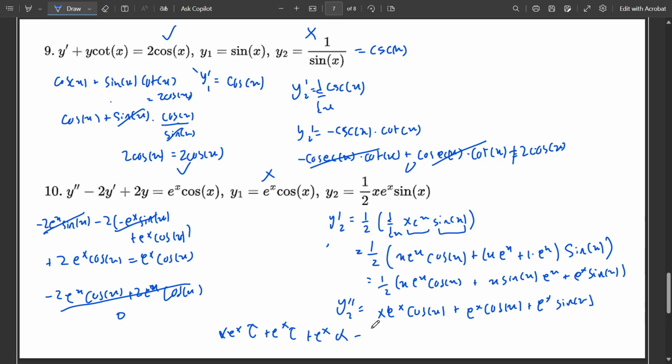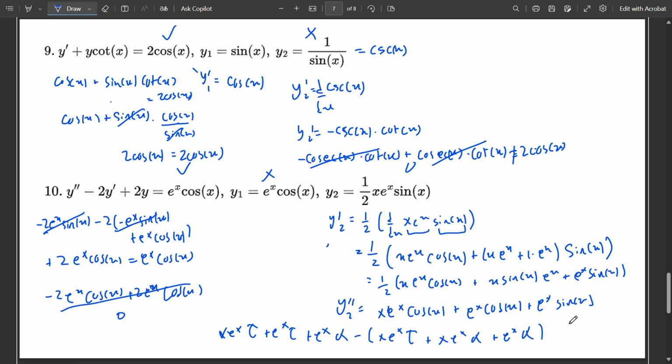Our y prime is this: x e to the x tau plus x e to the x alpha plus e to the x alpha. That's our y prime.